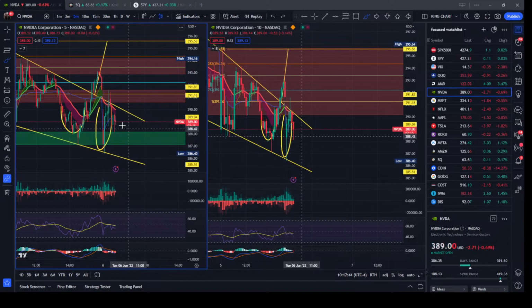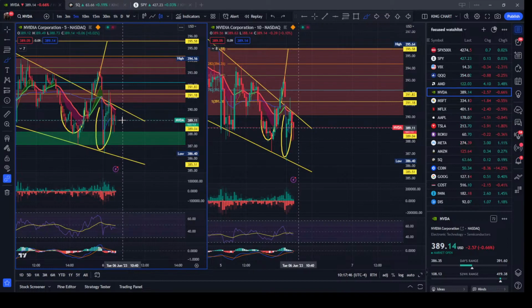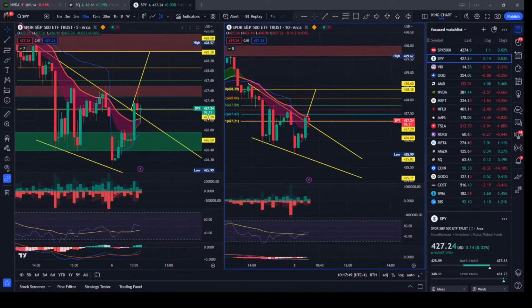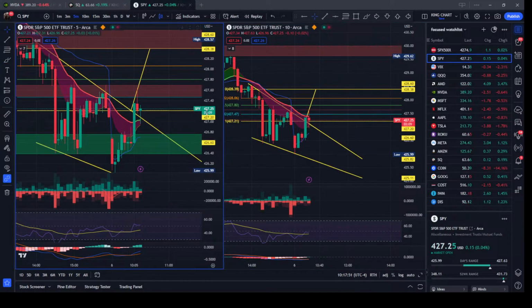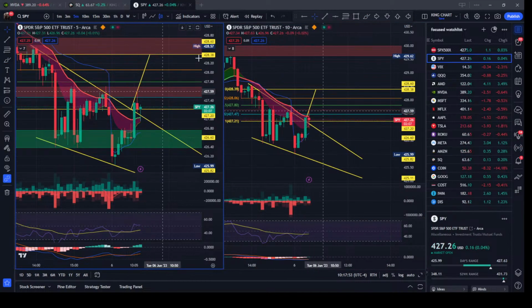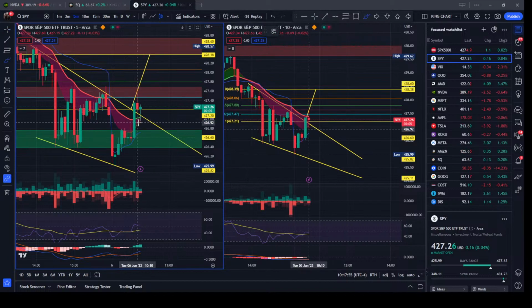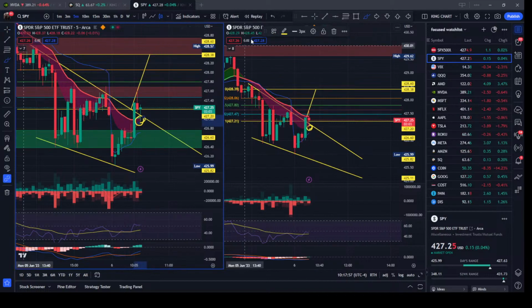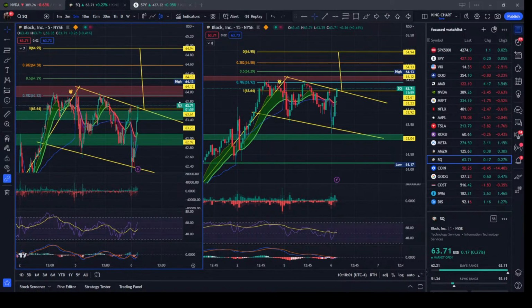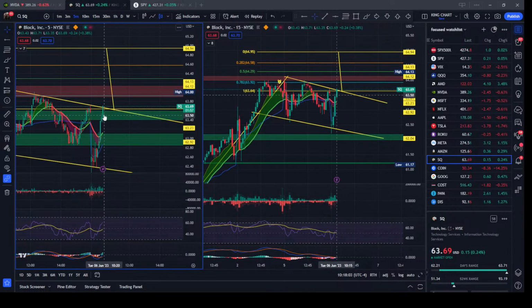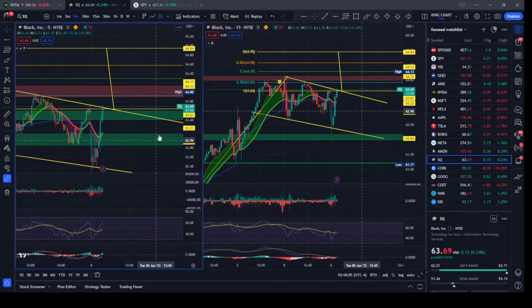NVIDIA just continues to ride VWAP there. Let's see if SPY can push back up here. Looks like we already got the retest of the trend line, so this could be our launch pad. Square, wow, huge candle there.